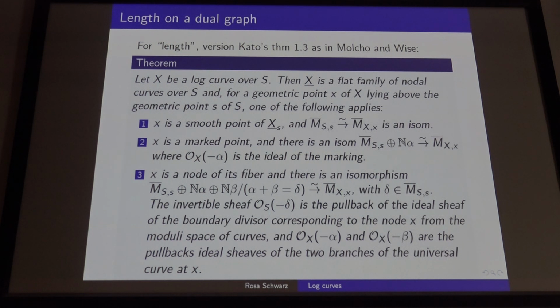Namely, for an element delta in M_{S,s}, and this element delta is going to be the important element, there is an isomorphism like this.